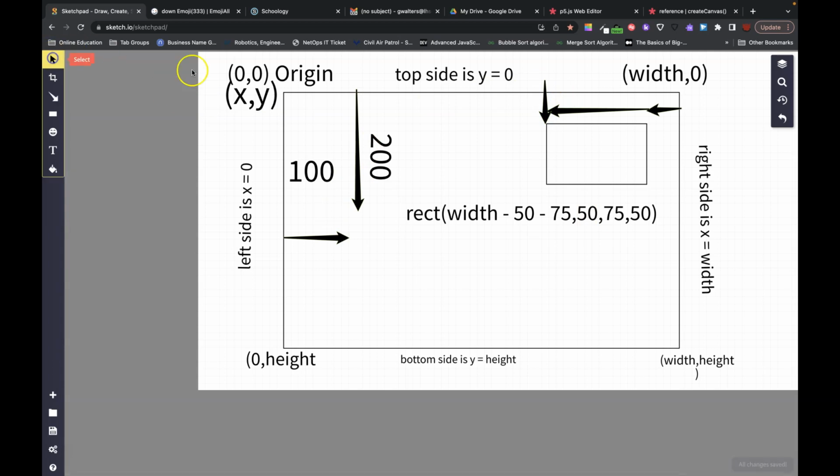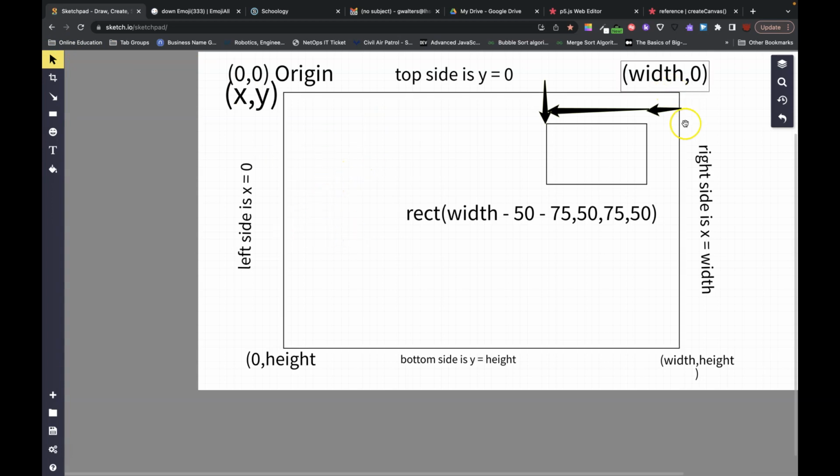So that's how we would reference and be able to move it around: instead of the normal origin of 0, 0, we are using these built-in variables to switch which side we want to reference. There is another way that we can do this where we can actually just switch the origin. We can move the origin and then we can build in terms of the origin, which we will get to.